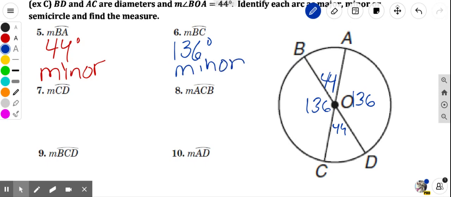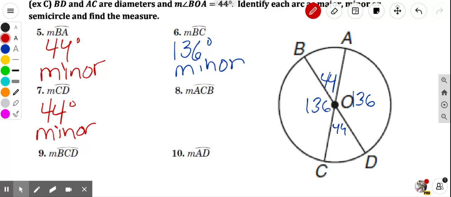Number 7 is CD, which would correspond to right here. So that would also be 44 degrees. Also minor. Okay, number 8 is ACB.